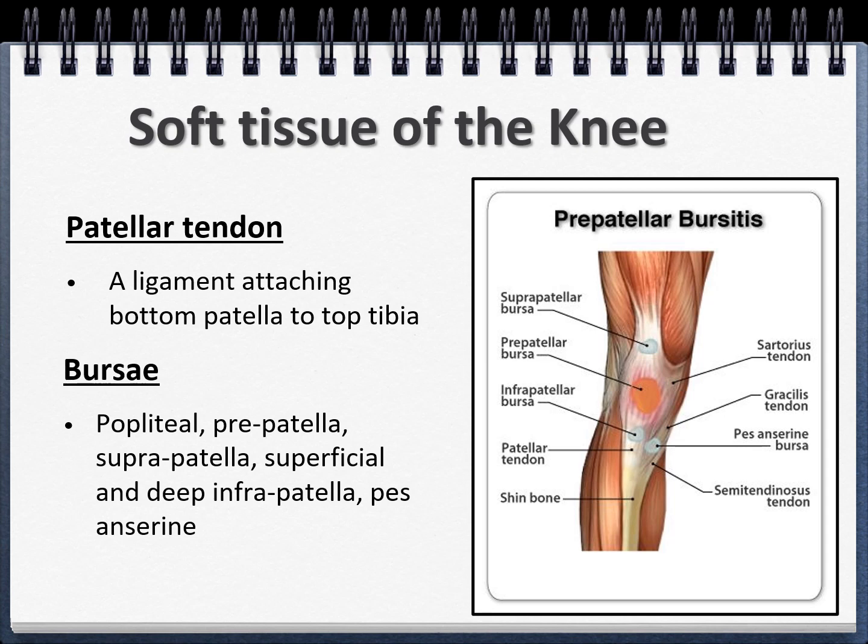We also have bursas in the knee, quite a few bursas. We have the popliteal bursa, the pre-patellar bursa, the suprapatellar bursa, the superficial bursa, the deep infrapatellar bursa, and we also, as a bony landmark, have the pes anserinus.